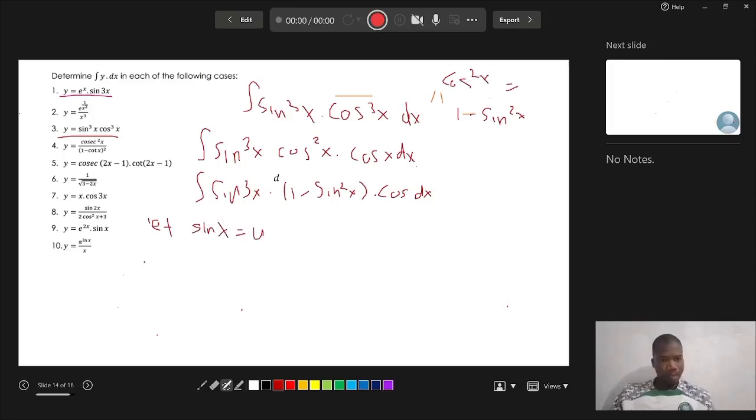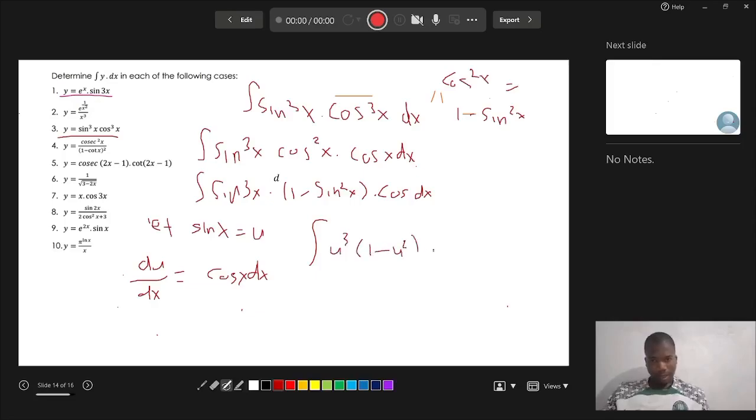Then we derive du over dx, which is equal to cos x, so du equals cos x dx. So now our equation changes into u to the power 3 times 1 minus u squared du, right?